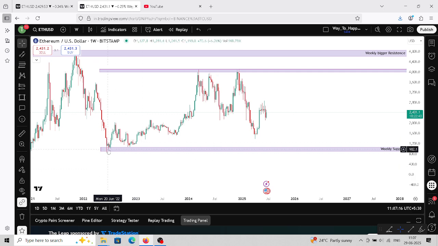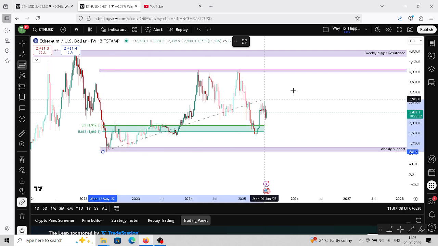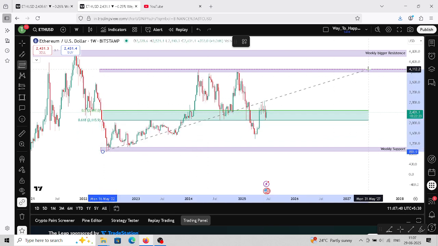No. Can we apply fib here? Till here, there's no point. Again, the prices would have come to the 0.5 area, gone back again, and now coming again. It has also crossed the 0.5 area. So ETH is saying that if you mark the level from here to here, this is the 0.5 area.